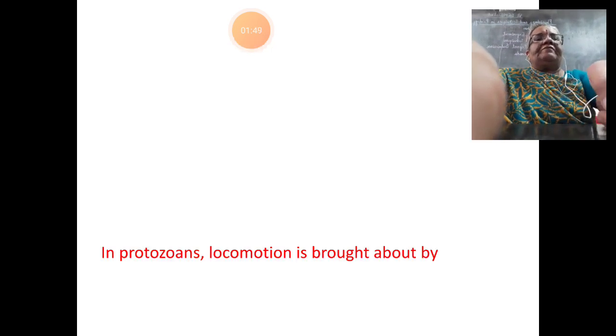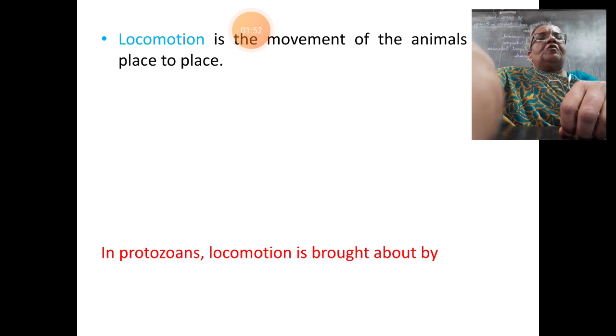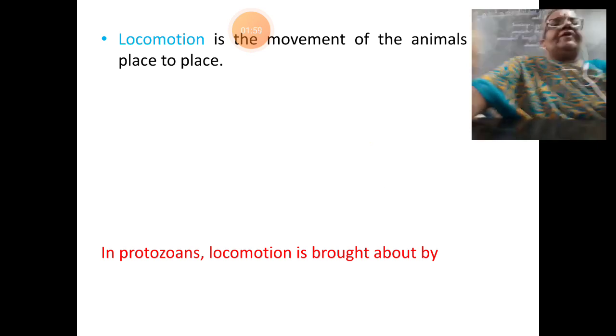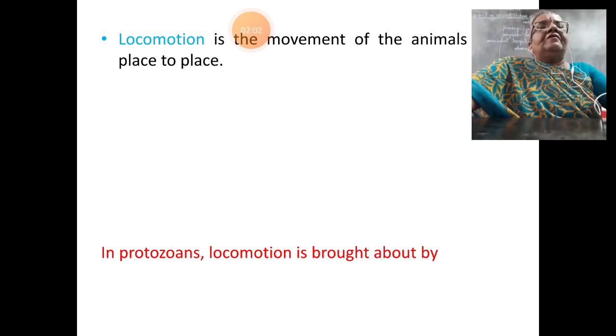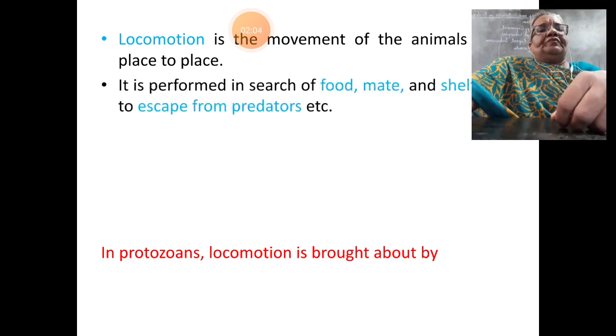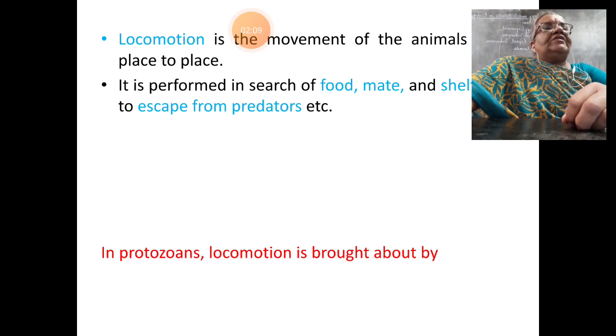Okay? Now, what is locomotion? Locomotion is the movement of animals from place to place. Okay? Movement of animals from place to place. Why should they move? Normally, animals move in search of food, in search of mate, that is the opposite sex, for copulatory purposes, and in search of shelter or to escape from predators like this.